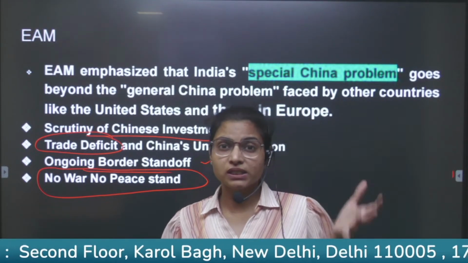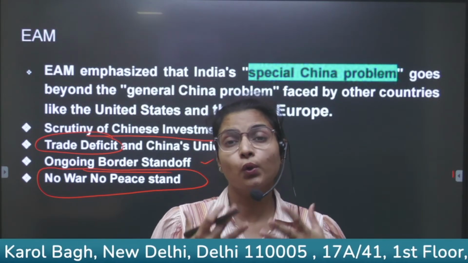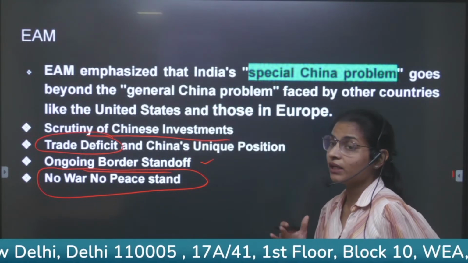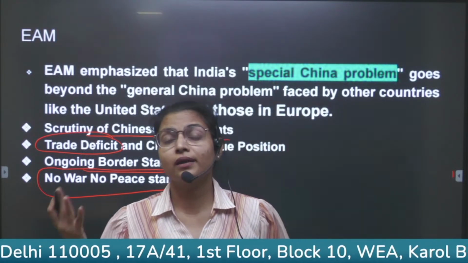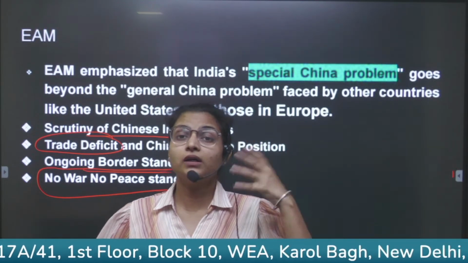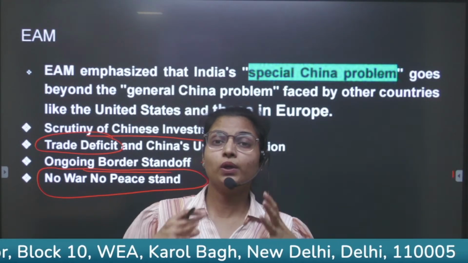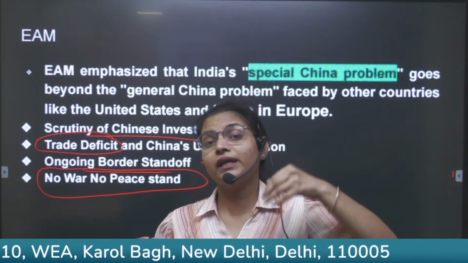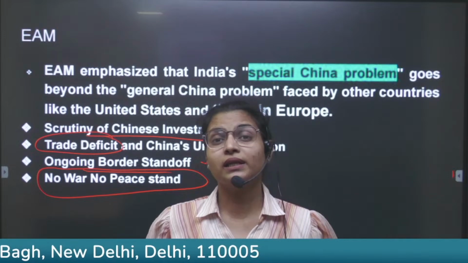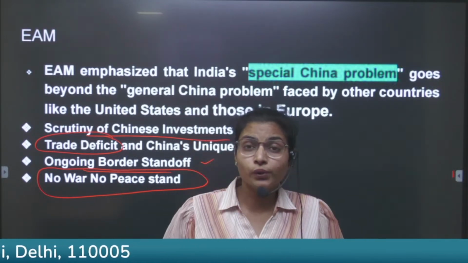And in fact this was in discussion in 2023, that we need to move from no war no peace to a war situation, as in the Galwan Valley we have also seen that to secure our borders we had to have a clash with China in this standoff. So are you able to understand how you can write about the issues with China, and write about current affairs as well, like writing about the special China problem, and try to broaden your dimension.